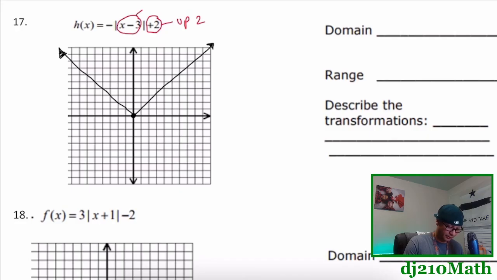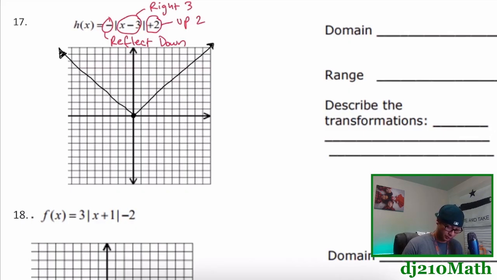The x minus 3 is going to shift it right because the inside lies. And then the negative is going to reflect it down, because right now the parent function is up. So we're reflecting down, shifting right 3 and up 2.